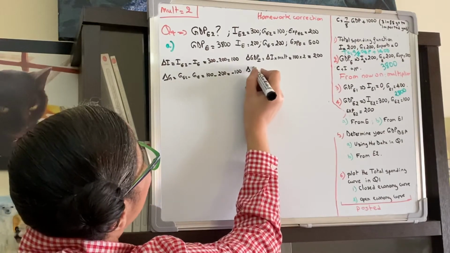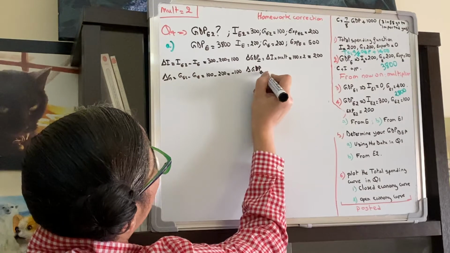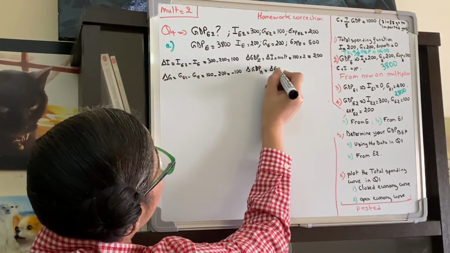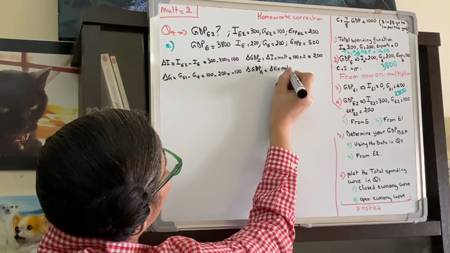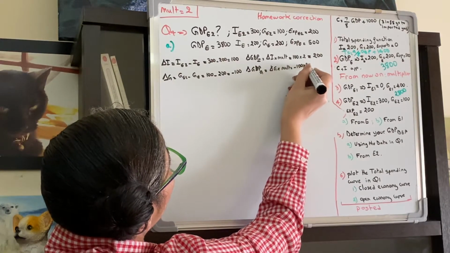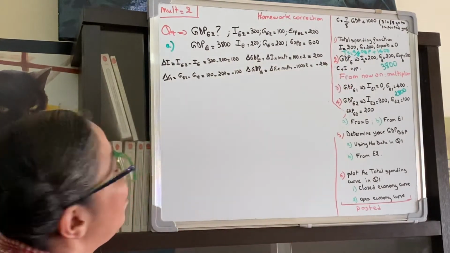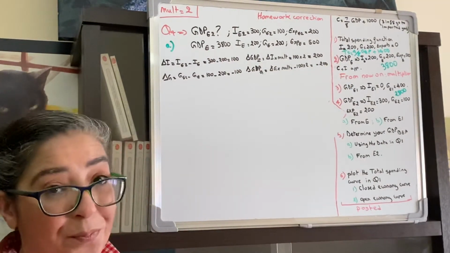So delta GDP due to G is equal to delta G times the multiplier, which is negative 100 by 2, which is negative 200. Again, here it's going to give me a 0 between these two.